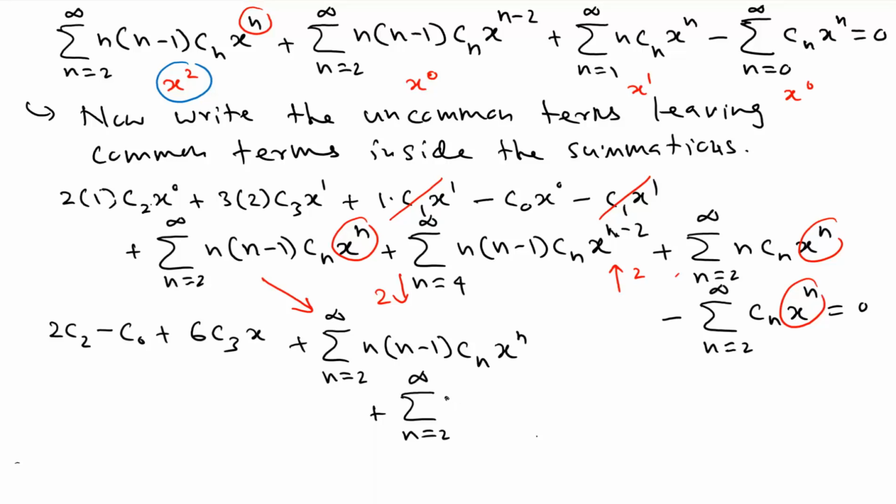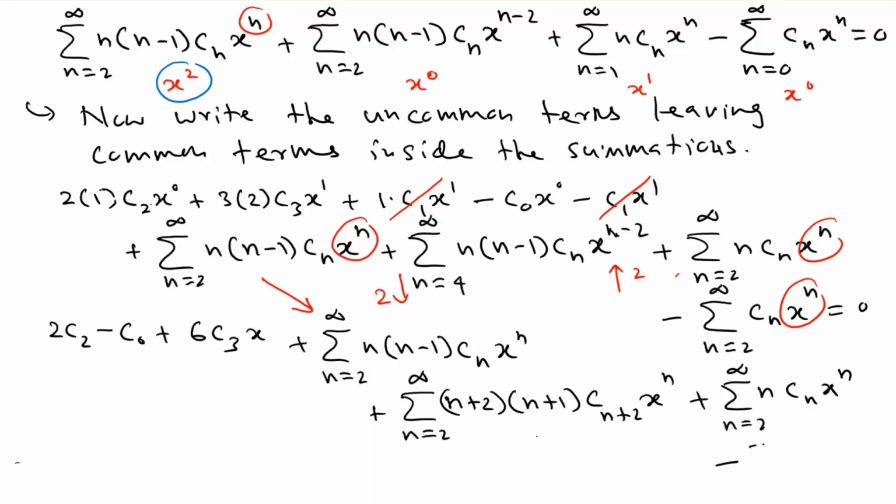Inside you're going to go up by 2, so it's n plus 2, n plus 1, cn plus 2 xn, and then plus, no change, so n equal 2 to infinity, n cn xn minus sigma n going from 2 to infinity cn xn equal to 0.